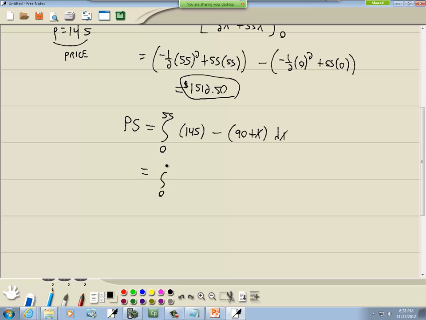Okay. 0 to 55, and then we'll have 145. Remember, a negative in front of the parentheses flips sign everything. So it becomes a negative 90 minus X dx. So we got negative X, 145 minus 90, was that 55 again? dx.